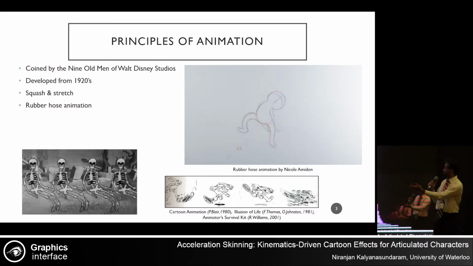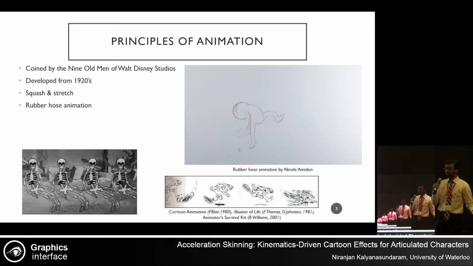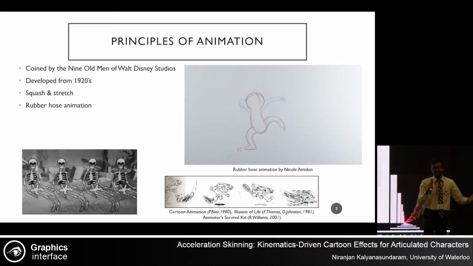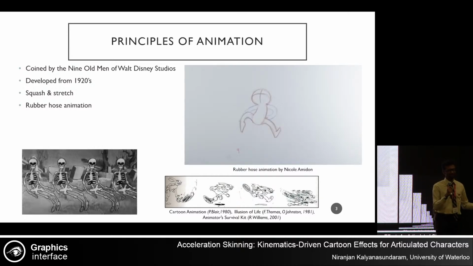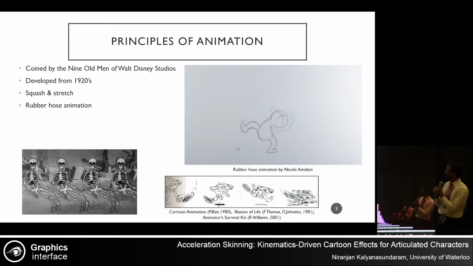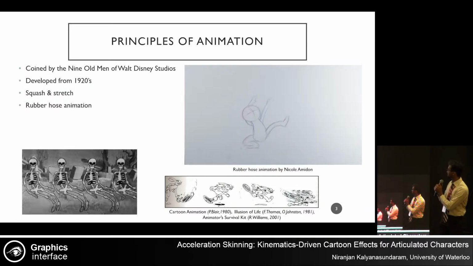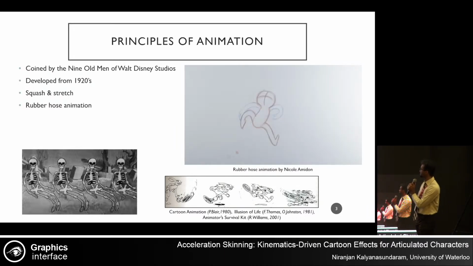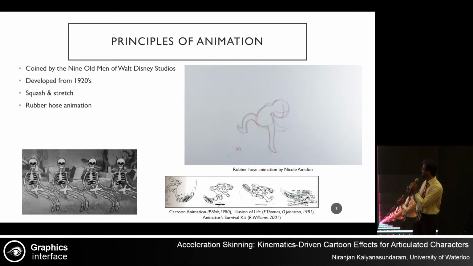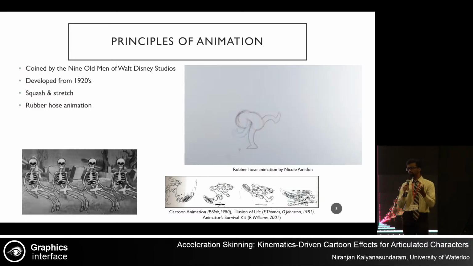So one of the most famous examples of one of these principles is squash and stretch. You don't have to be in animation to know how important squash and stretch is. The clip that you see here playing is from a style of animation called rubber hose animation. And it was really famous during this time period of like the 30s and 40s.